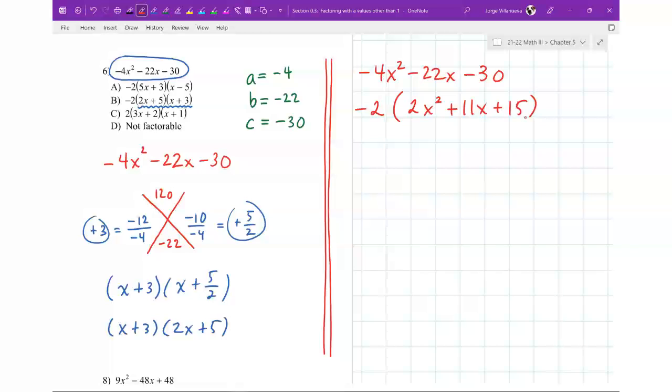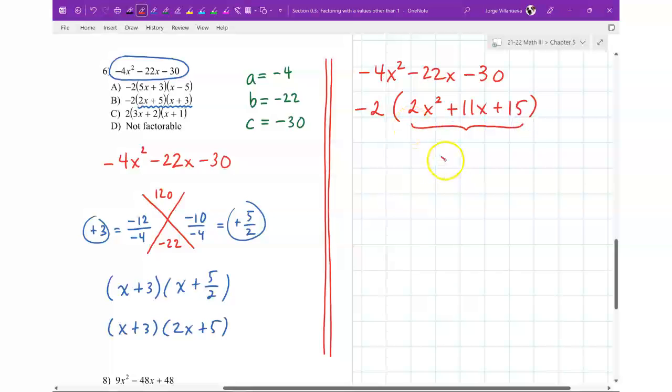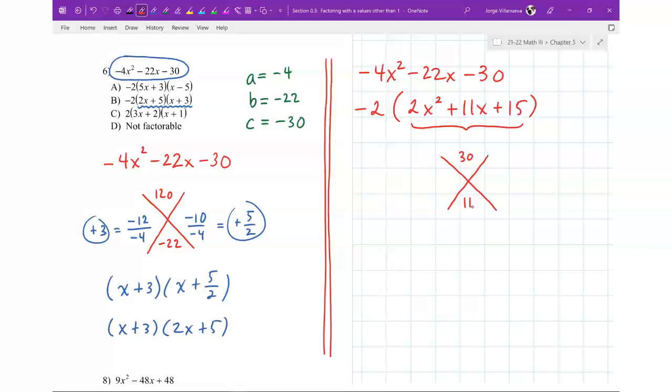Okay? Now, they would want you to factor this out. So A times C would be 30, right? 2 times 15. And this would be 11. So factors of 30 that give you 11.